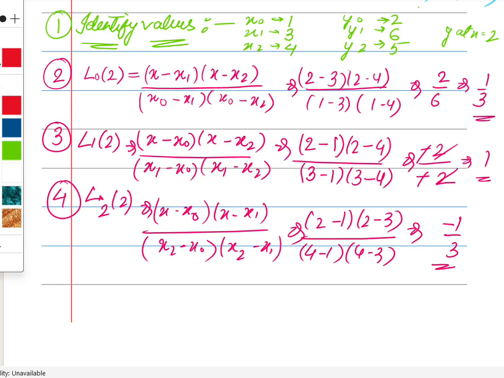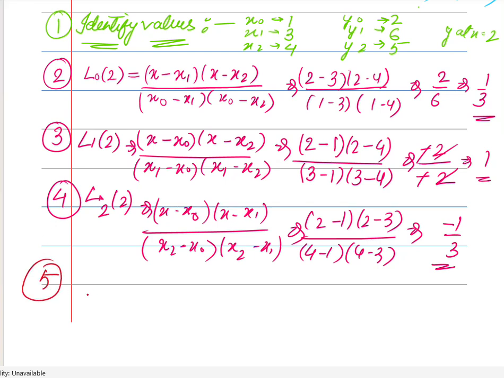Our last step would be putting all the values in our final formula, that was P of x. That would be equal to L naught of x into y naught plus L1 of x into y1 plus L2 of x into y2, right?